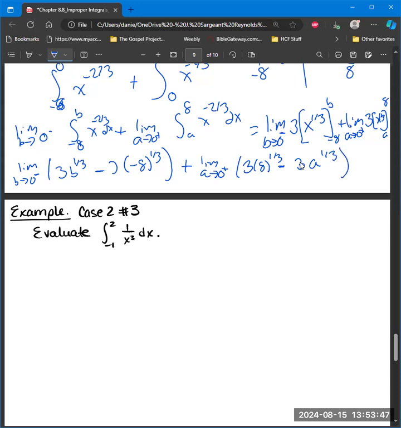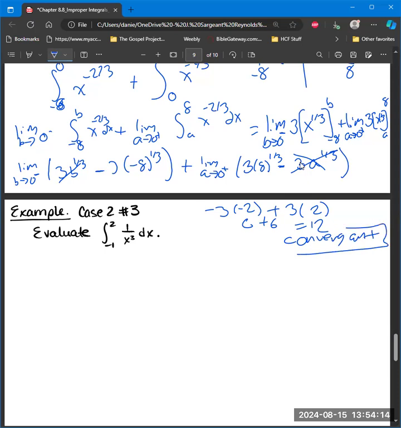So cube root of 0 is going to be 0. And then this is going to be -3 times -2 plus 3 times 2 minus that's going to go to 0. 6 plus 6 is 12. So this is convergent. Sorry, I ran out of room before I ran out of problem.